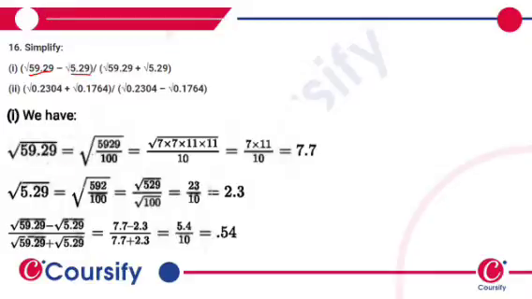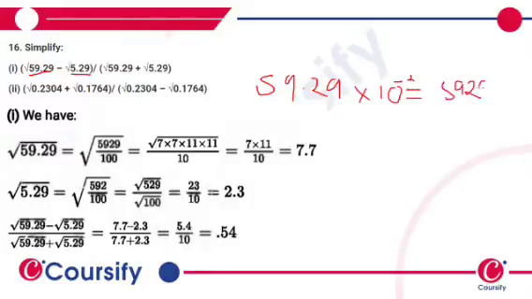So we can write it as this, because when we shift the decimal to the right place we get over 10 raised to the power minus 2, which is equal to 5929 upon 100.